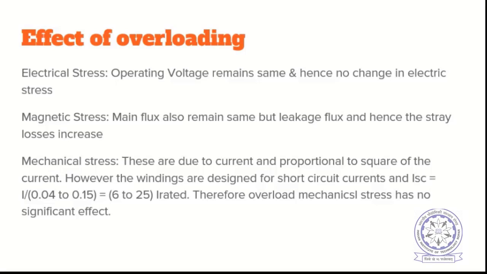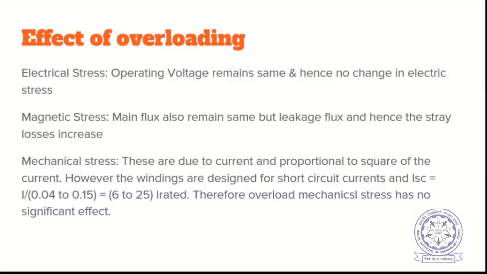The leakage flux also has to increase to keep the total flux the same. That's what I'm saying. No, that is wrong. Due to the leakage flux, the main flux is getting reduced. No, it's not that.